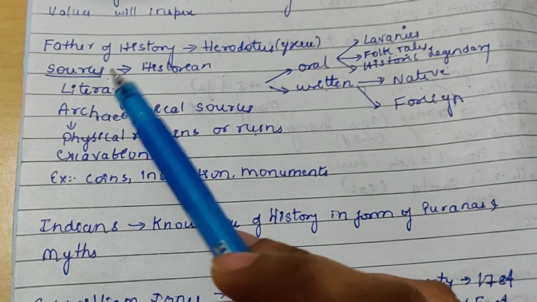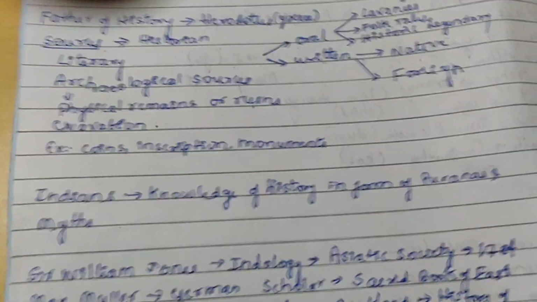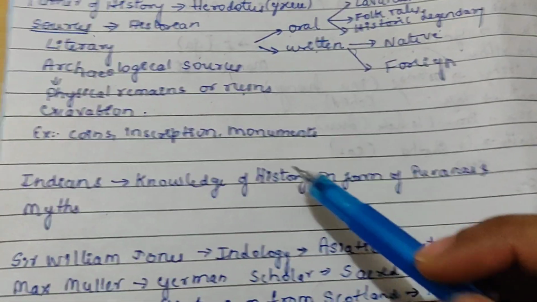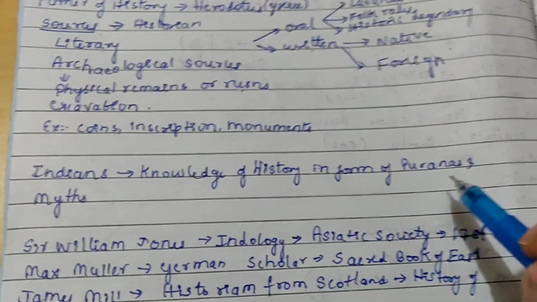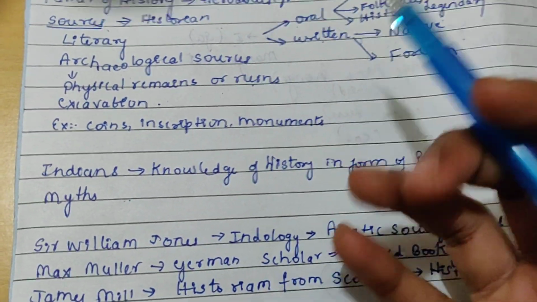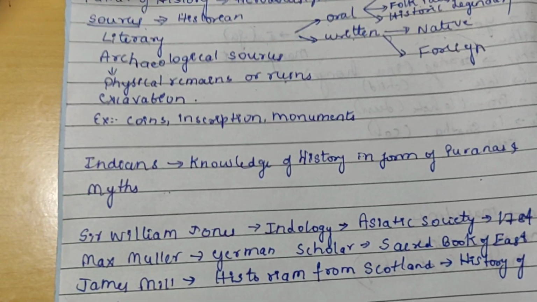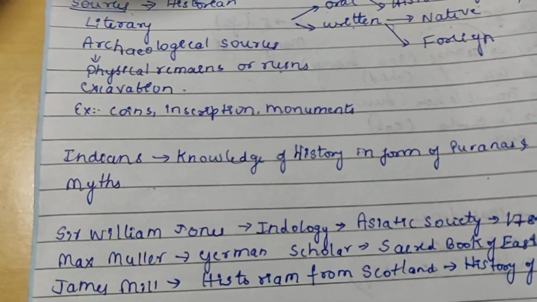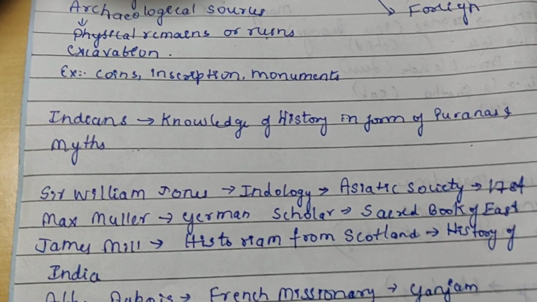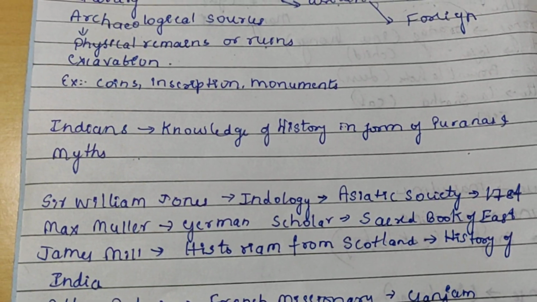So that is about the sources, literary and archaeological. Indians got to know about their history from the Puranas and some myths, which give the history of our land. Similarly, when European people and the British came to India, they too had an influence on our history.